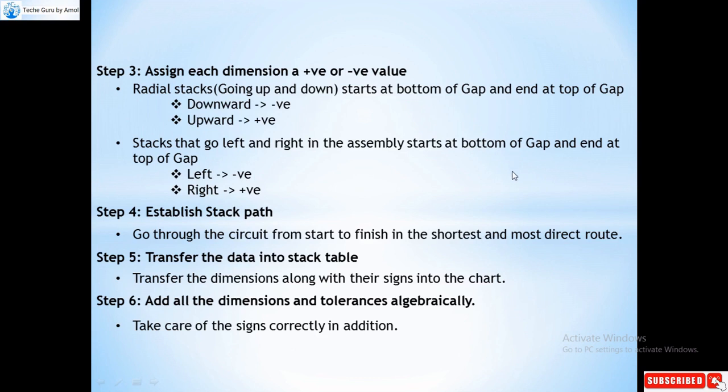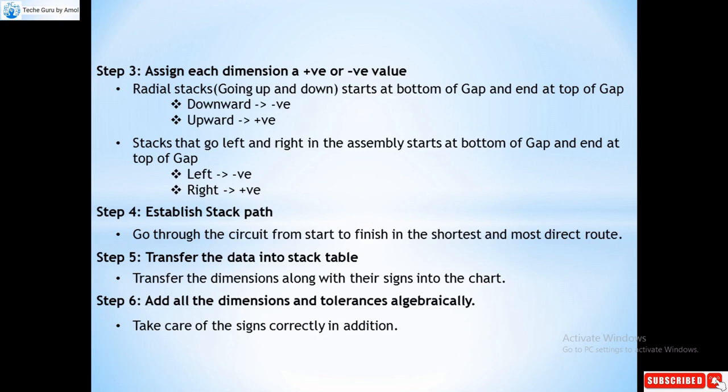For the downward side, assign a negative sign. For upward, assign a positive sign. For stacks that go left and right in the assembly, start at the bottom of the gap and end at the top of the gap. For the left side, select a negative sign. For the right side, select a positive sign.